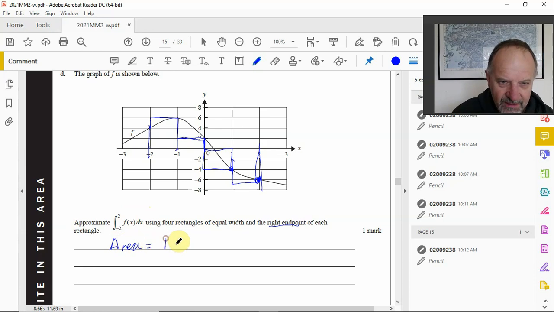So now area then. The width of the rectangle times the height of the rectangle. So when we look at this first one here on the left, the width is 1, the height is 6, plus. The next one, they're all width 1. The height of this one is 2. Width 1. Now the height of this rectangle is down here, and that's -4.